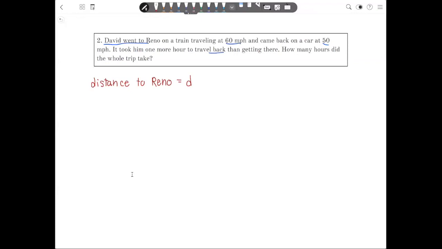So now we have that the distance to Reno divided by 60 is how long, right? The time is going to be the distance divided by the rate or the speed. So this is the time for the first part of the trip when you go there. And when you come back, the time is just going to be D over 50 for the second part of the trip. Right? Is everybody clear on that?